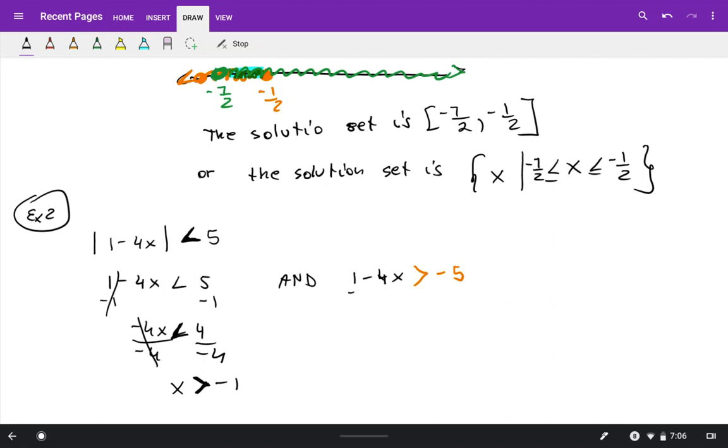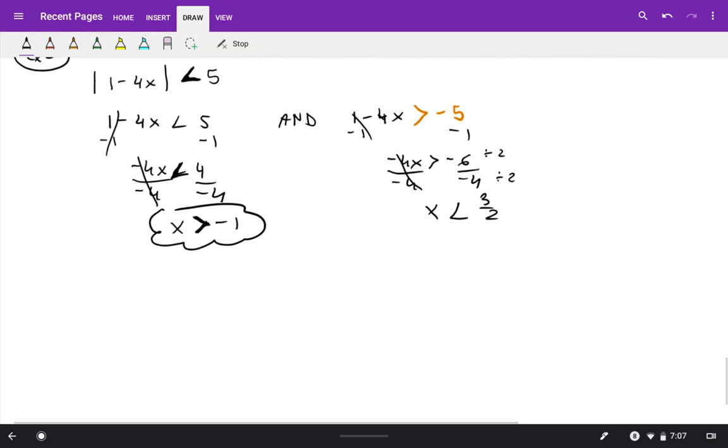Solve the second inequality, subtract 1 from both sides, we have negative 4x greater than negative 6, divide each by negative 4, and that will give us x less than 6 over 4, which you can reduce by 2, and that will give you 3/2. So we end up with those two solutions. Again, less than stands for the word and, which means intersection.